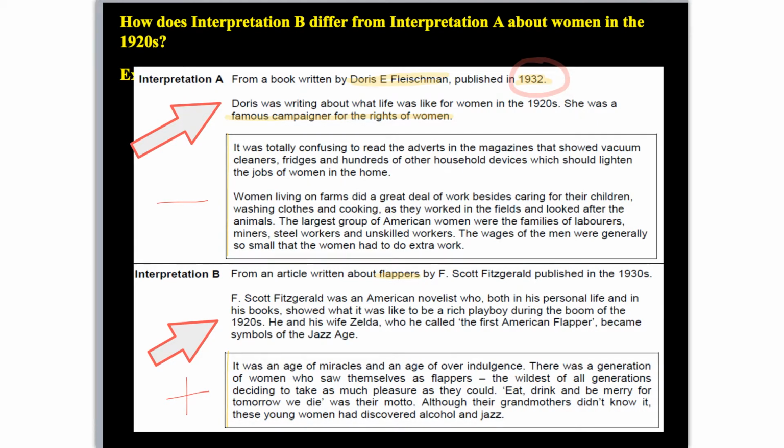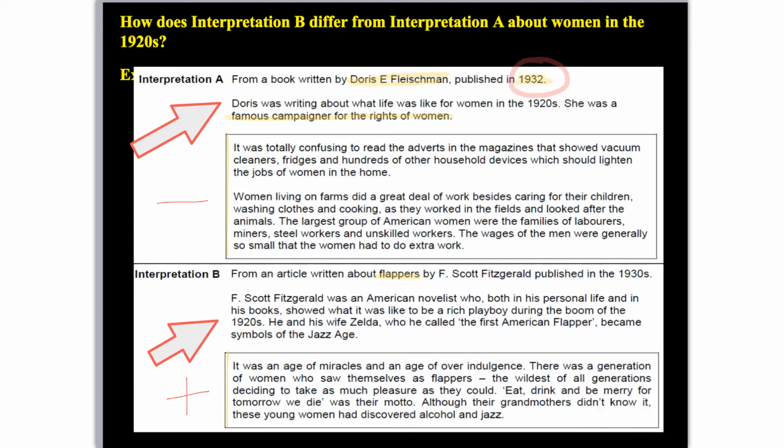So it's in no way a large cross section of society, but that's his focus. So unlike Fleischmann at the top, he's not looking at women in all of society, but mainly focusing on the urban liberated women.